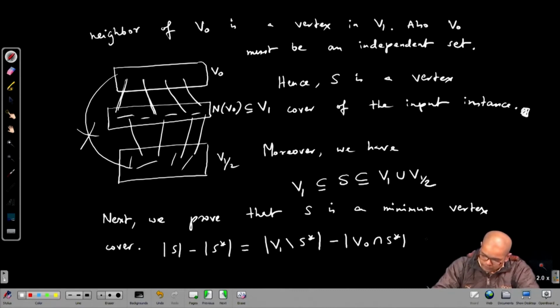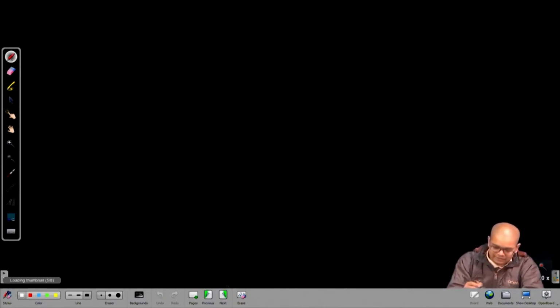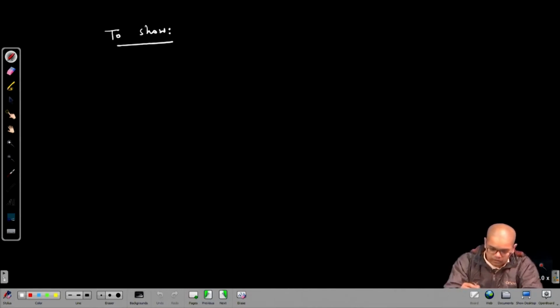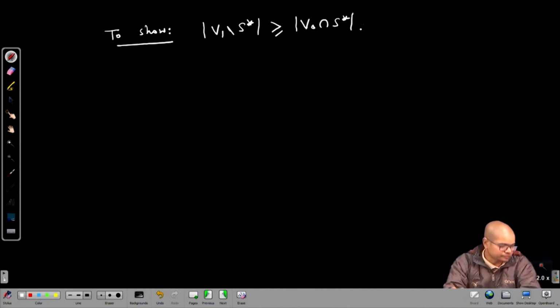This is to show that this is less than or equal to 0. That is to show that the cardinality of V1 minus A star is greater than or equal to the cardinality of V0 intersection A star.